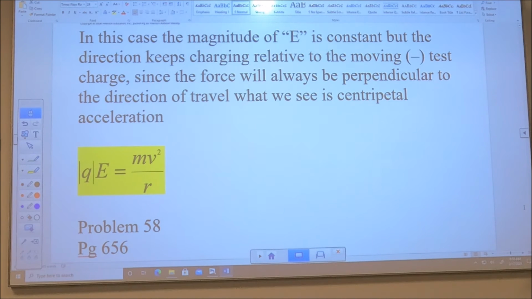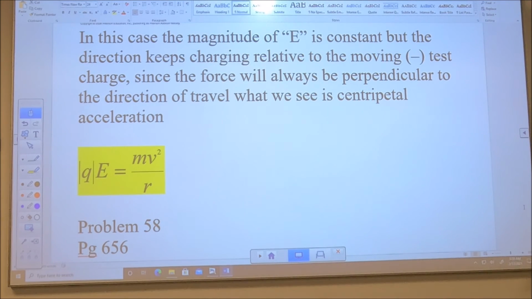We're going to need Q test, which is 1.60 × 10^-19 coulombs, and we've got the equation Q test magnitude times E has to equal mv squared over r.